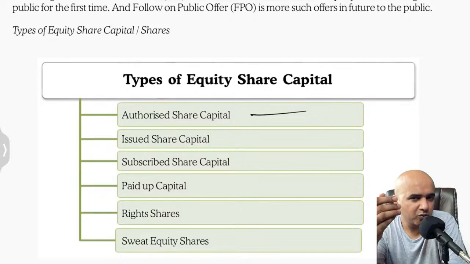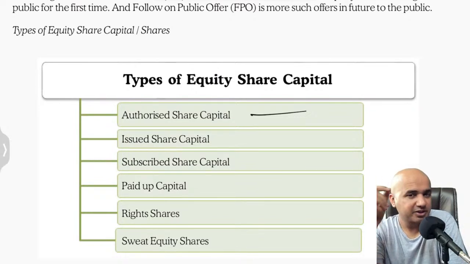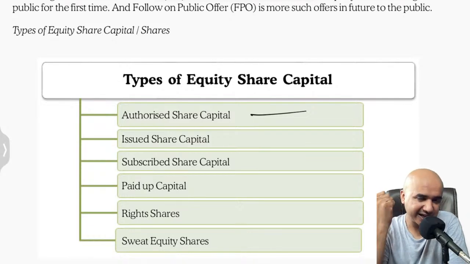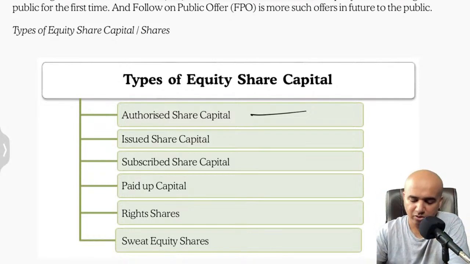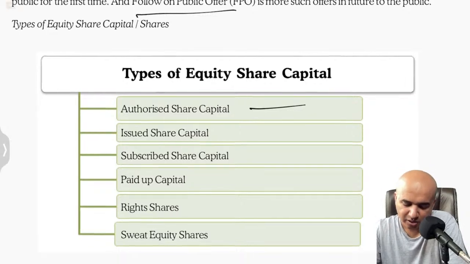Now, if Paytm once again wants to raise such an amount of money, I doubt so many people will be interested in investing in Paytm right now. But still, if at all they want to raise money again, they have to do it through follow on public offer, FPO. So that is the thing. So offers in future to the public.